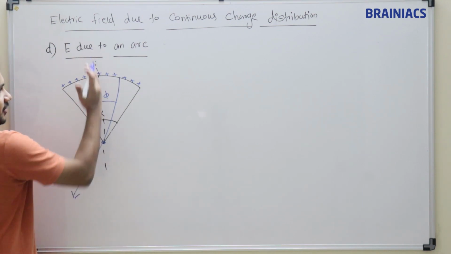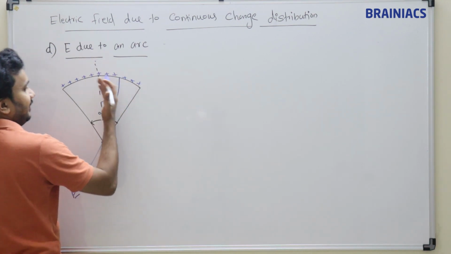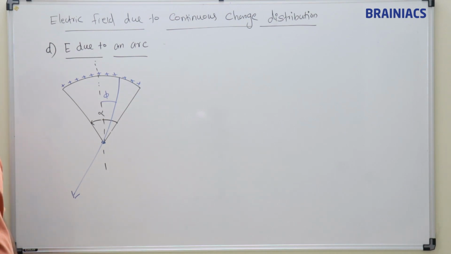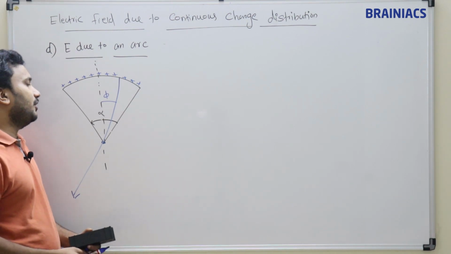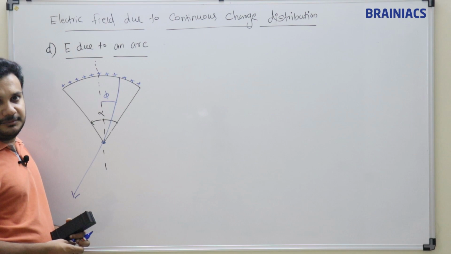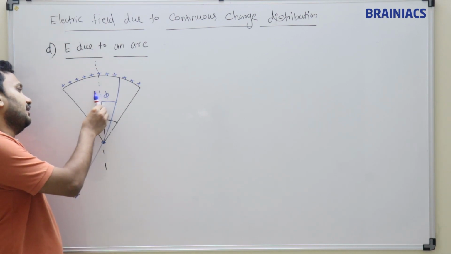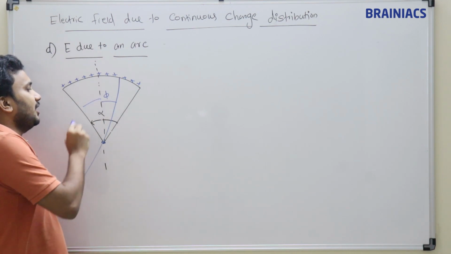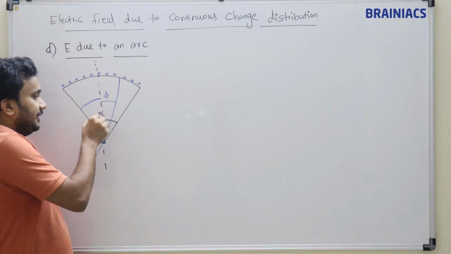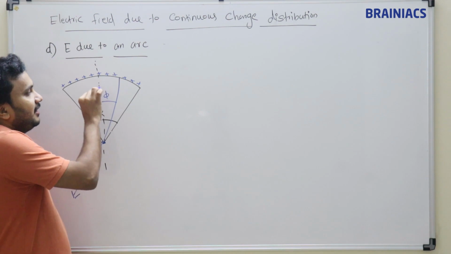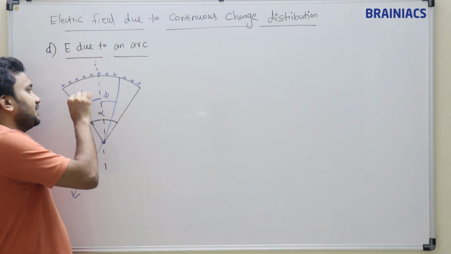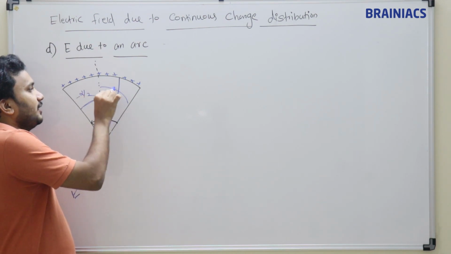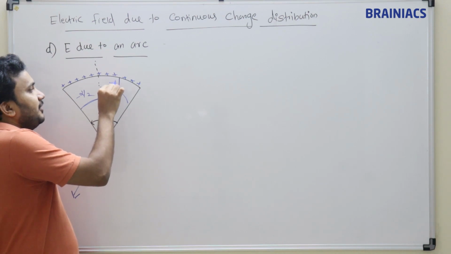The total angle is alpha, so there are two parts, the right side and the left side. So the left side is minus alpha by 2 and the right side is plus alpha by 2.